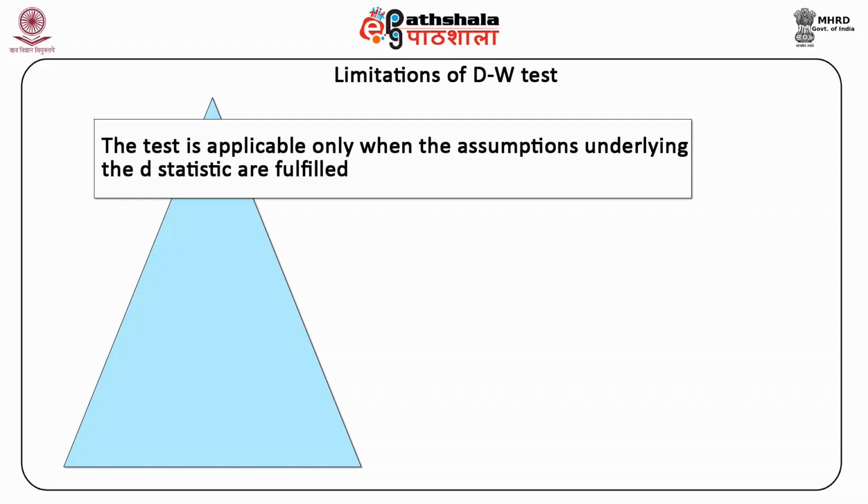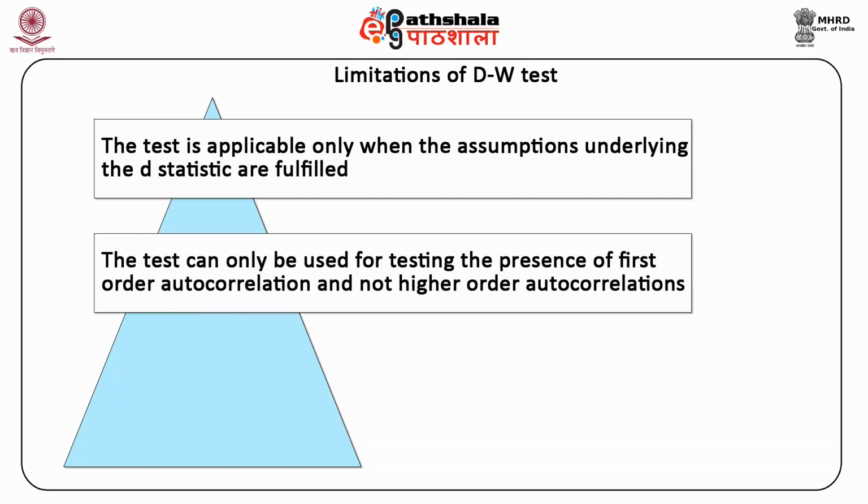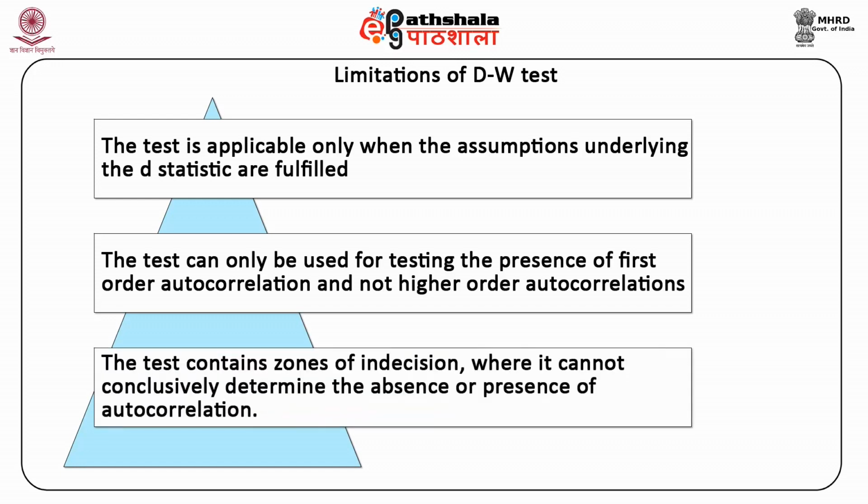The second is the test can only be used for testing the presence of first order autocorrelation and not higher order autocorrelation. And the third limitation is that the test contains zones of indecision where it cannot conclusively determine the absence or presence of autocorrelation.